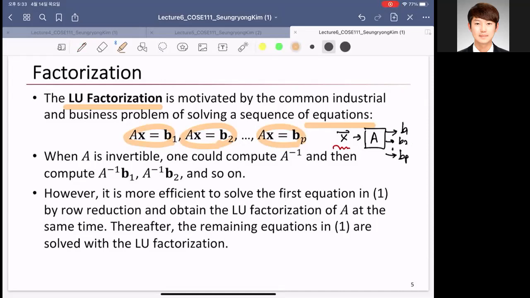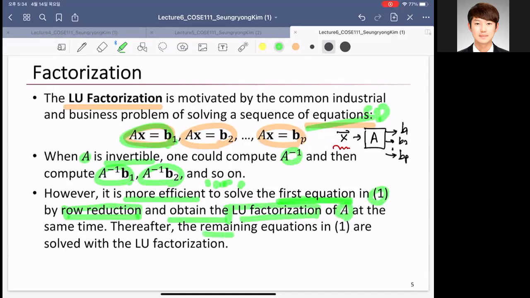First of all, if A is invertible, one could compute the inverse matrix A, then compute inverse A times b1, inverse A times b2, and so on. However, it is more efficient to solve the first equation by a row reduction algorithm, and obtain the LU factorization of matrix A at the same time.